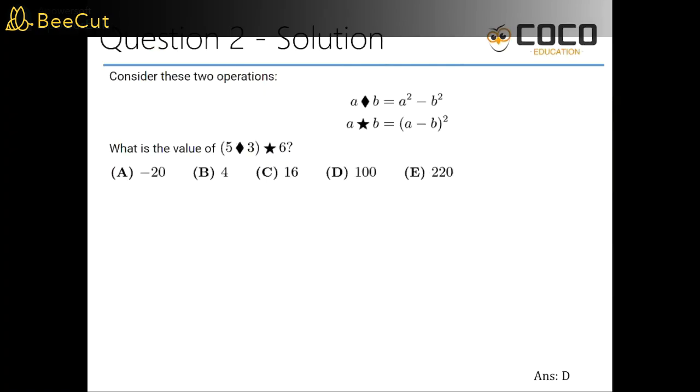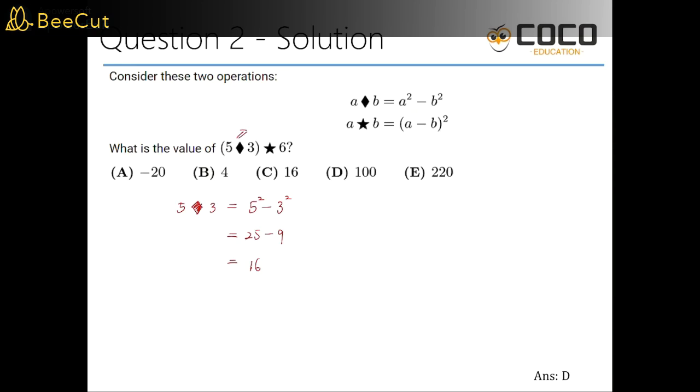Question 2. First, we find the value inside the bracket. So 5 times 3. This is a square minus b square, so the square of the first number minus the square of the second number. 25 minus 9 is 16.